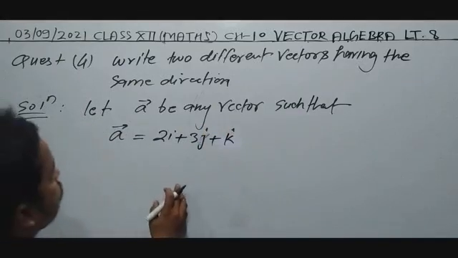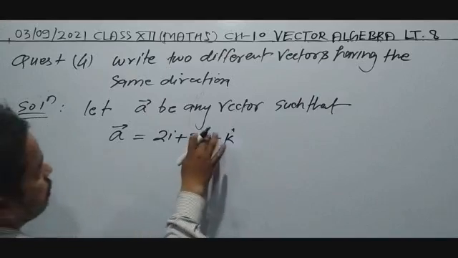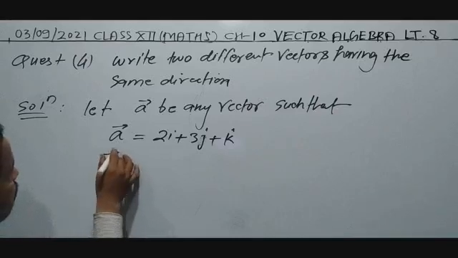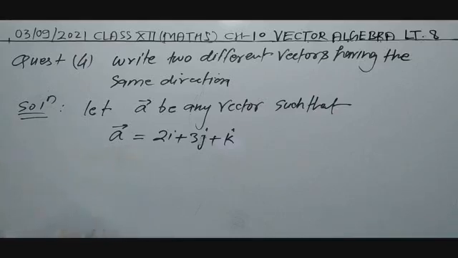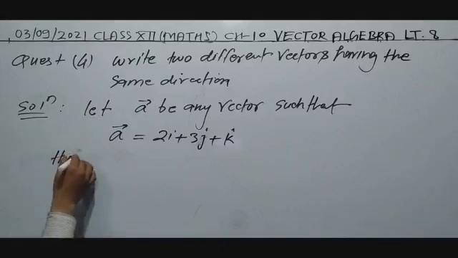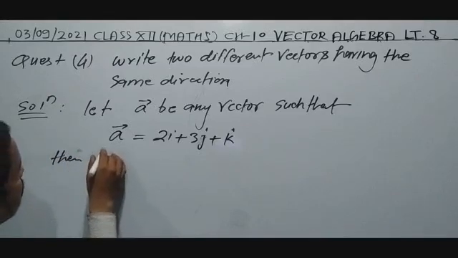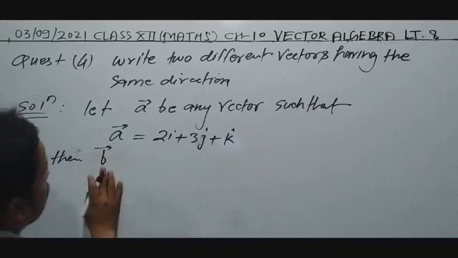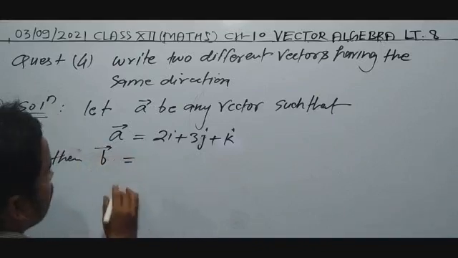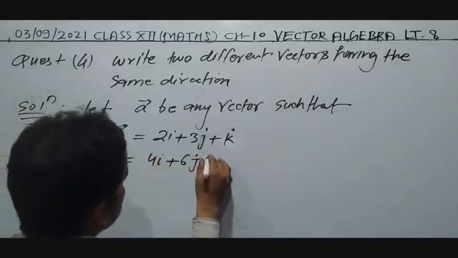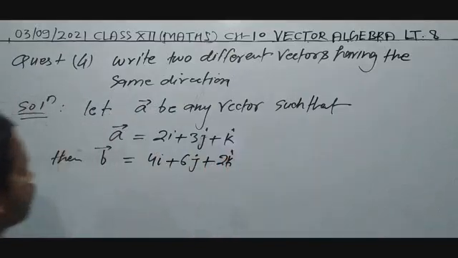Now a vector parallel to, or having the same direction as, vector A, suppose this is vector B, then vector B is equal to, suppose, 4i plus 6j plus 2k.